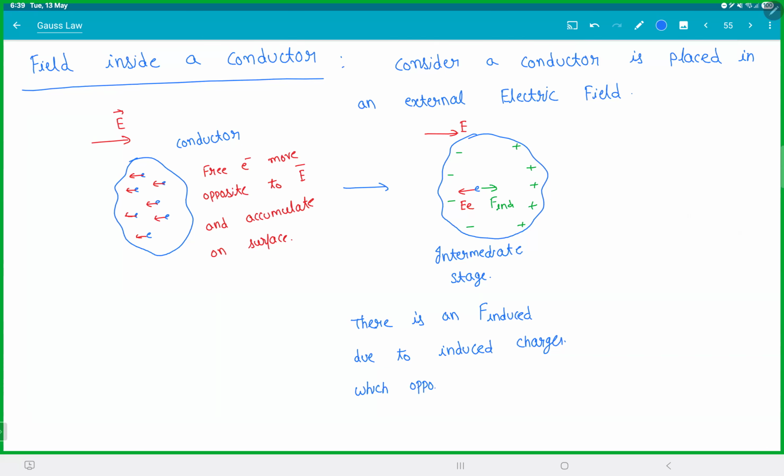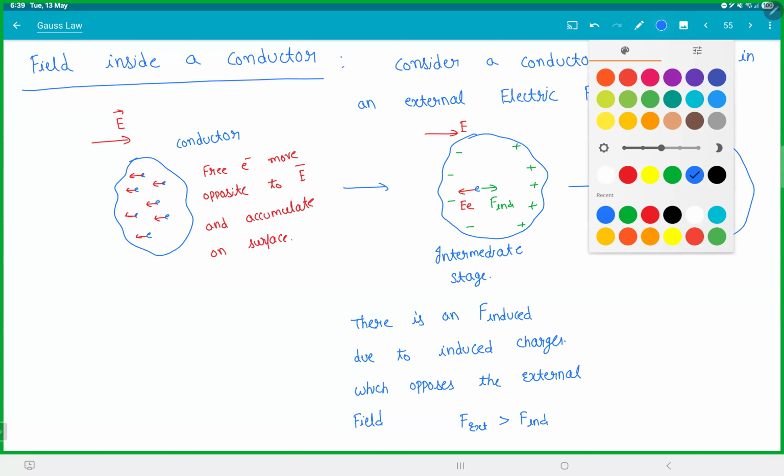So basically the induced charges are fighting with that external force. But initially the external field is still stronger. F external is greater than F induced. So electrons will continue to go forward. This accumulation will keep happening until at some point you have accumulated so much charge.